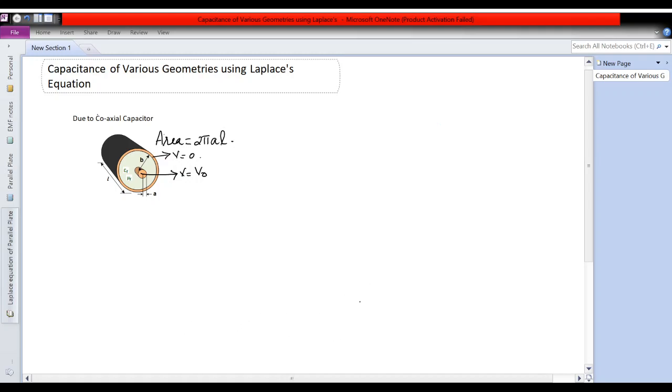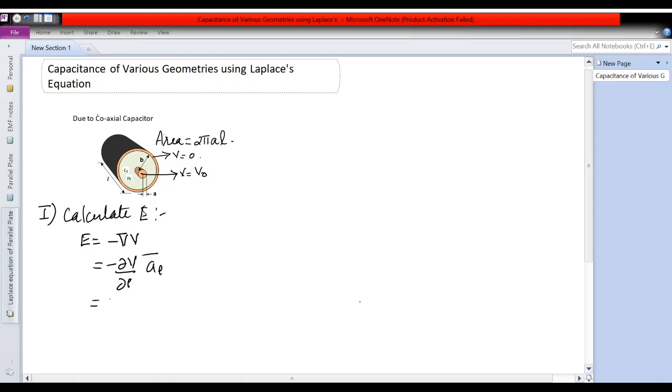First I'm going to calculate E. What is E? E is equal to minus del V, which I can write as minus dou V by dou rho into A rho.